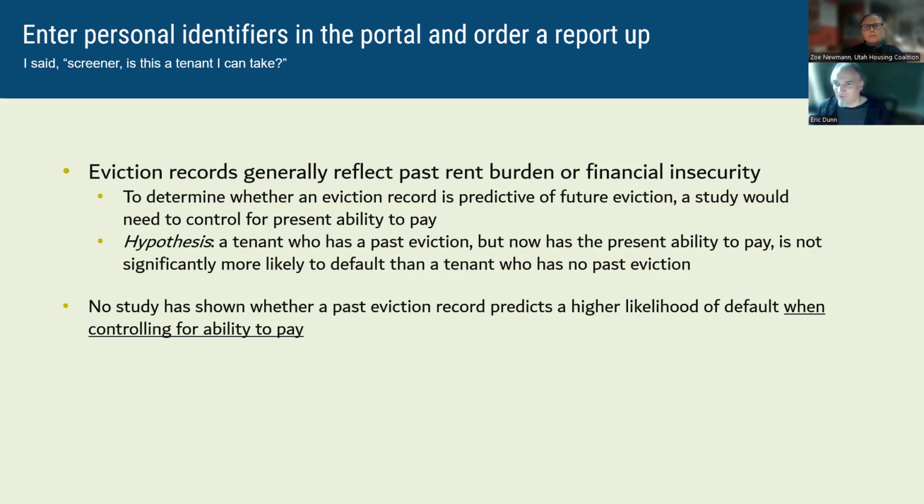Because if one person moves into housing and they have the ability to pay, and another person is rent burdened, meaning they're just scraping by, they can afford this but they don't have anything left over for unanticipated expenses, or maybe they're not even meeting all their other needs. Well, then of course that second person is more likely to be evicted than the first.